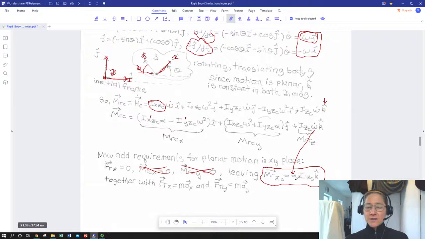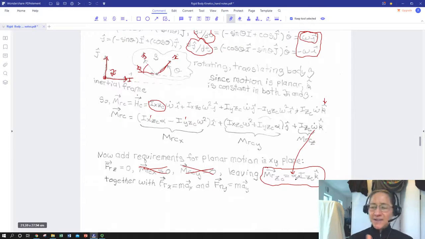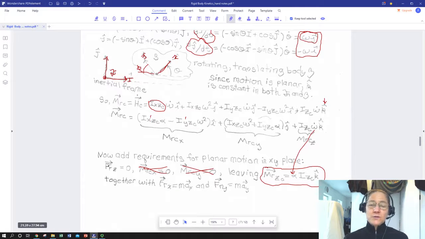Because this angular acceleration can be part of our equations of motion. We've seen alpha many times in our kinematics expressions. So now we have a way to relate that alpha to something that we did in terms of applying a load or a force or a couple.